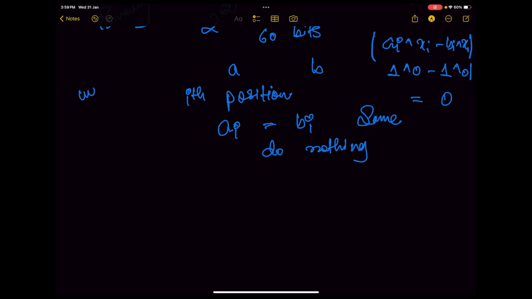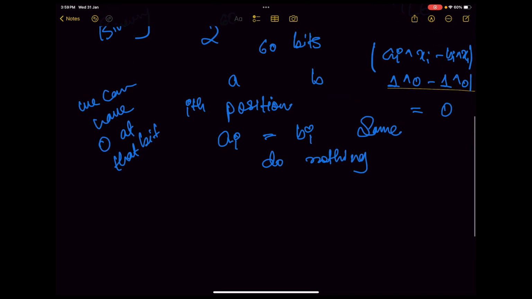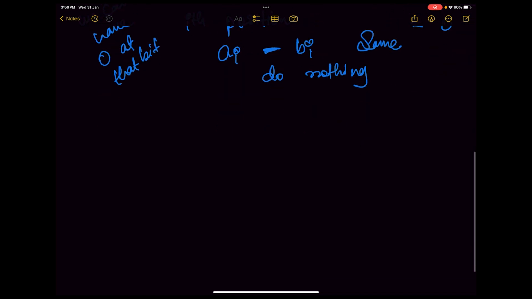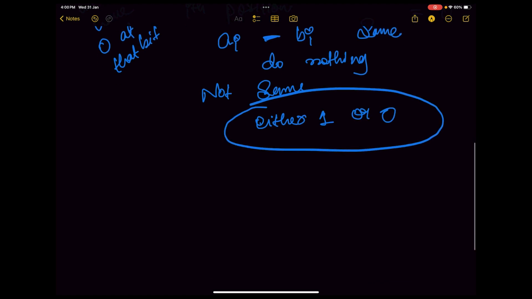So we can have 0 at that bit position for our answer, and that is what we want to minimize. So if they are equal, by subtracting they get cancelled out, and we'll have a 0 in that position for our answer. Now if they are not the same, what to put, either 1 or 0? This we need to calculate.